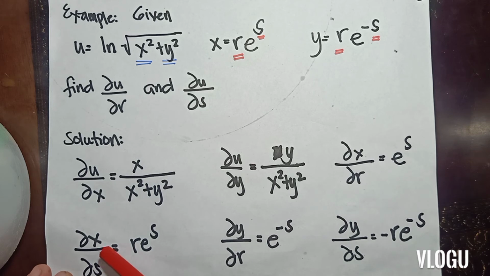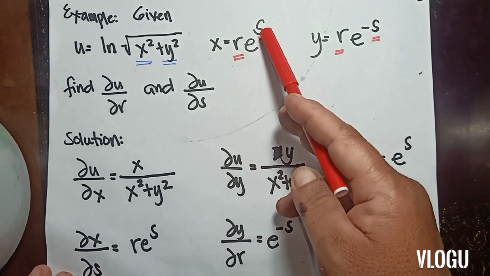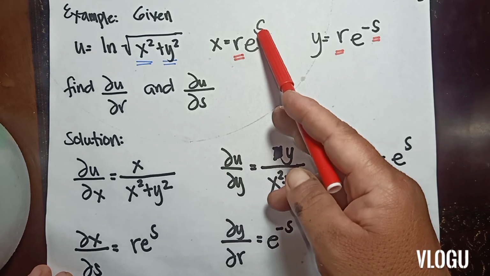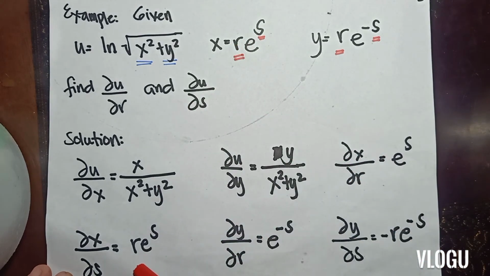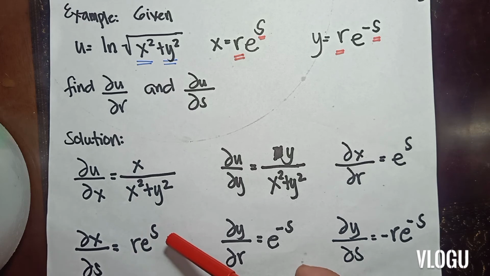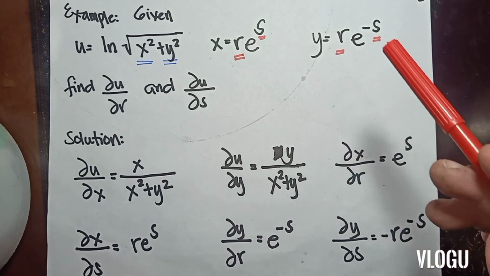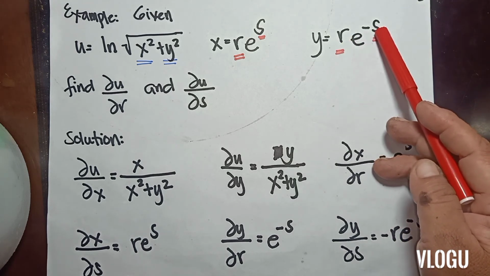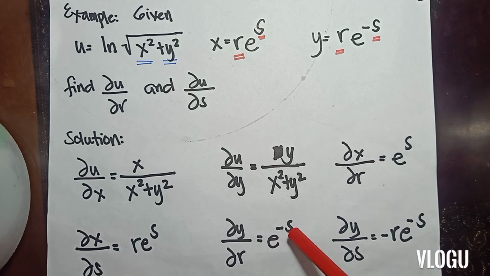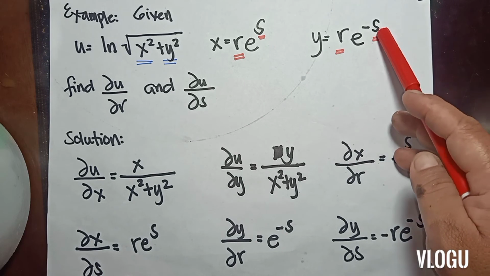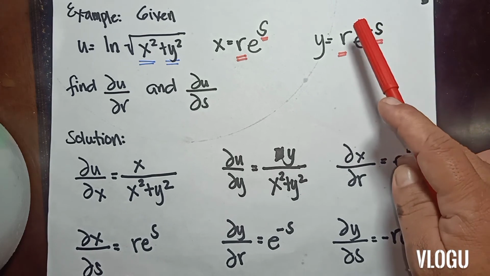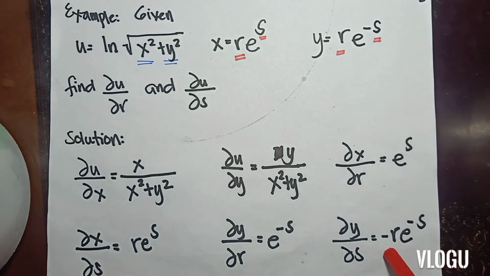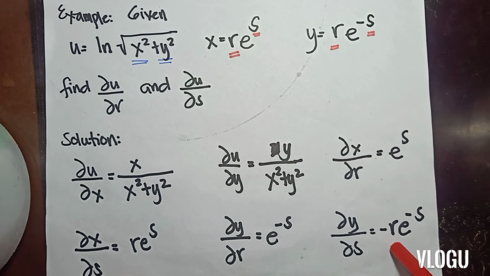Then the partial derivative of x with respect to s: this time, s is your variable and r is your constant, so you will have re^s. Then the partial derivative of y with respect to r: r is your variable and e^(-s) is your constant, so you will have e^(-s). Then the partial derivative of y with respect to s: s is your variable and r is constant, so you will have negative r e^(-s).